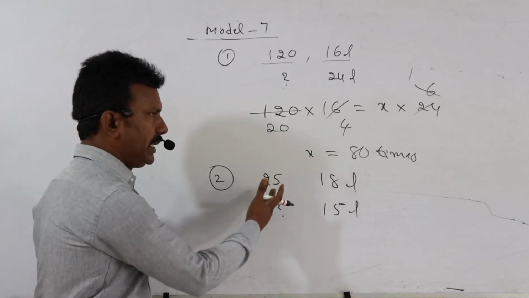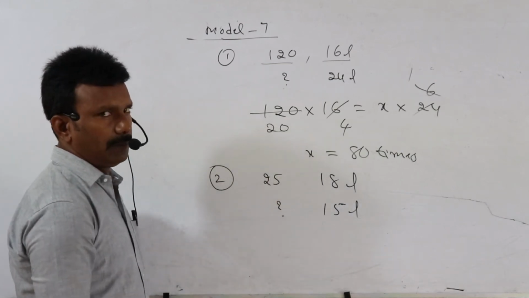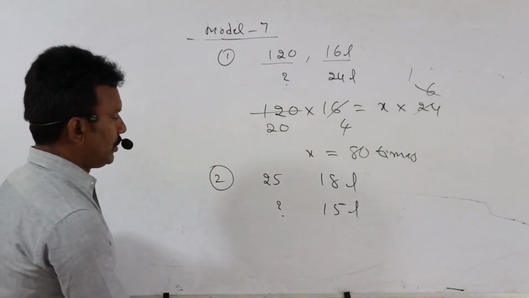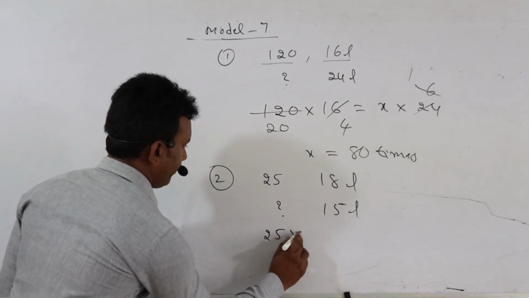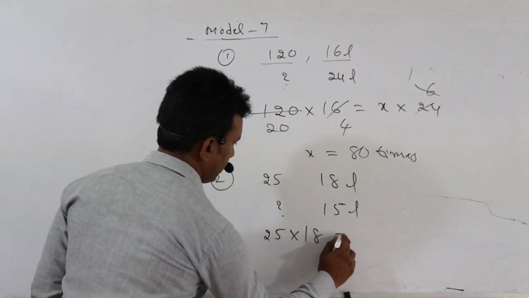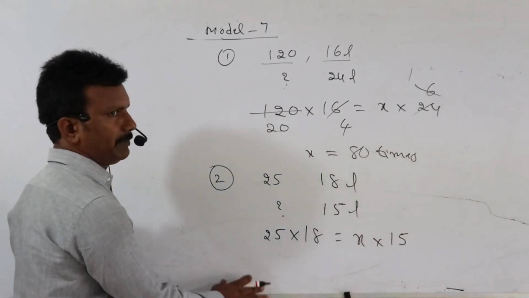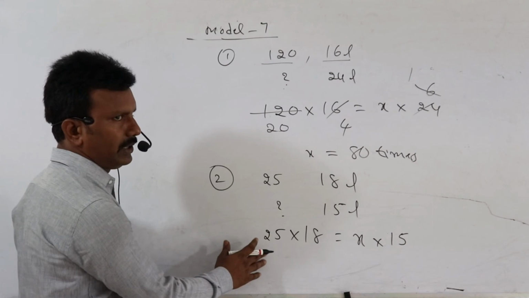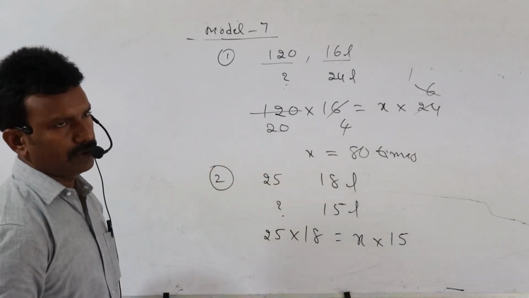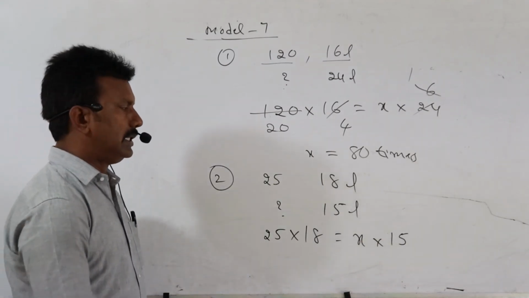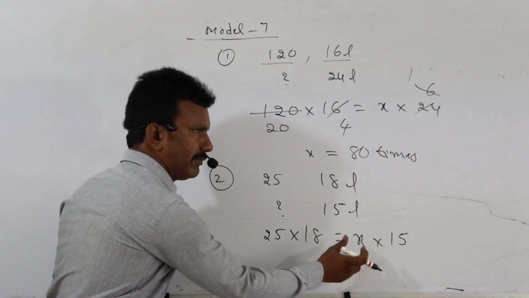Same, the proportionality condition: 25 into 18 is equal to x into 15, where x is the number of times required to fill the tank.